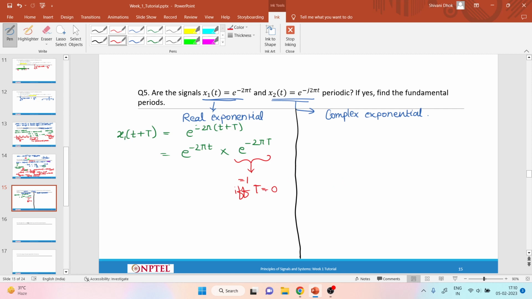But for T not equal to 0, it won't be equal to 1, so there exists no non-zero T such that x1 of t plus T is equal to x1 of t, and therefore this signal is not periodic. So your real exponentials are not periodic.